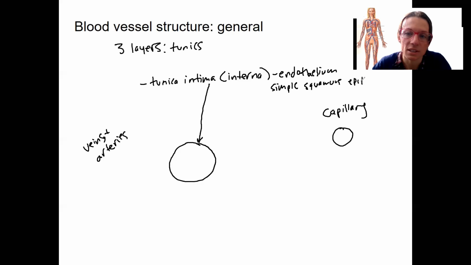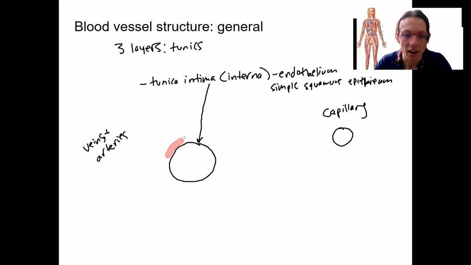The endothelium is the same as the lining of the heart, the endothelium of the heart, that inside layer that is deep to the cardiac muscle tissue. Okay, outside of that, we've got a thicker layer, again, thickness depending on where we are.